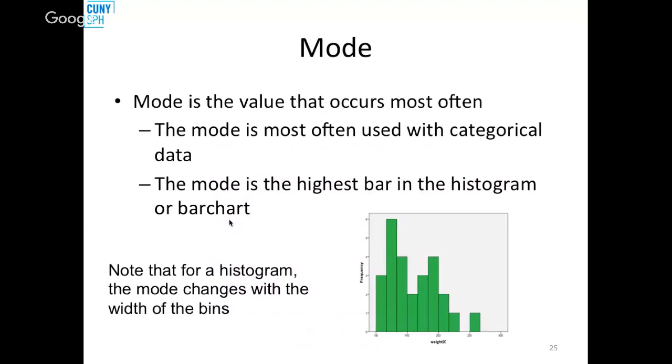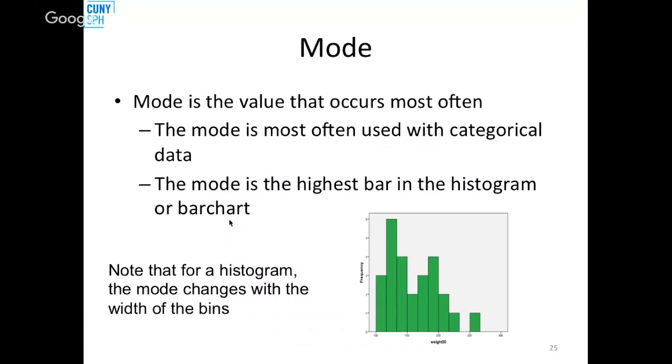Okay, back to seriousness. The mode is the value that occurs most often with a categorical variable. So you can only calculate the mode when you have discrete values, as in a categorical variable. If it's a continuous variable, there has to be some kind of discretization, like into a histogram, in order to calculate the mode.